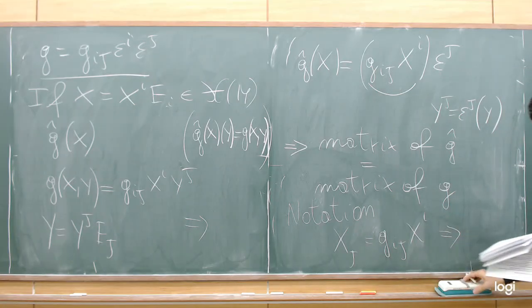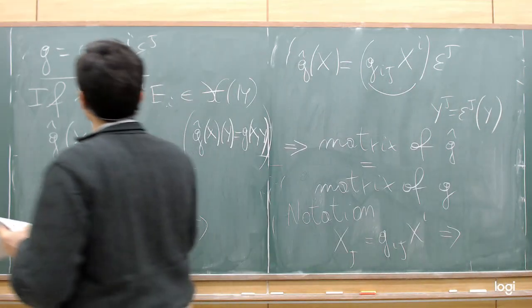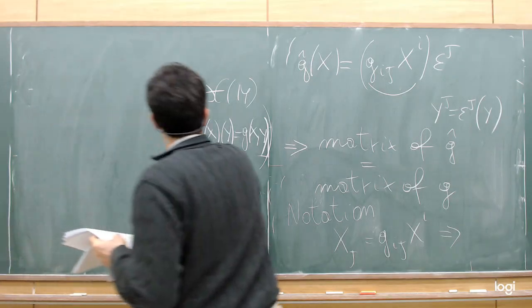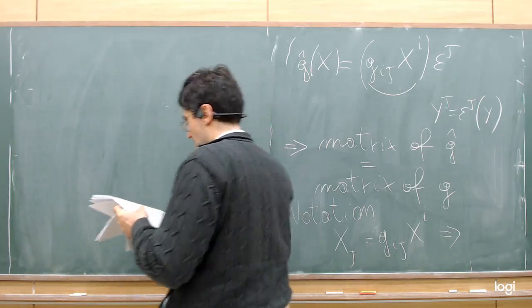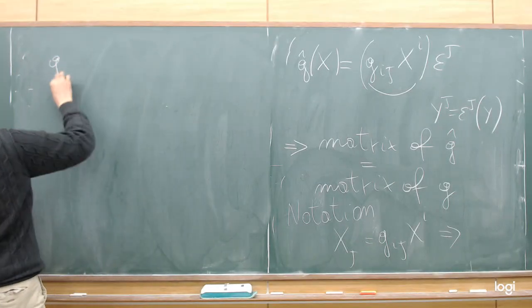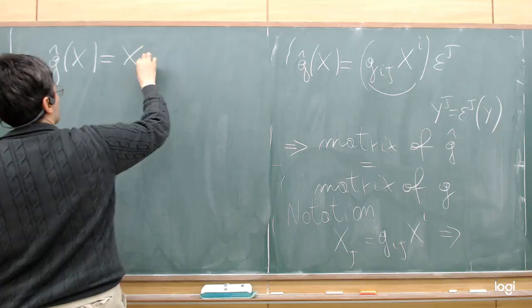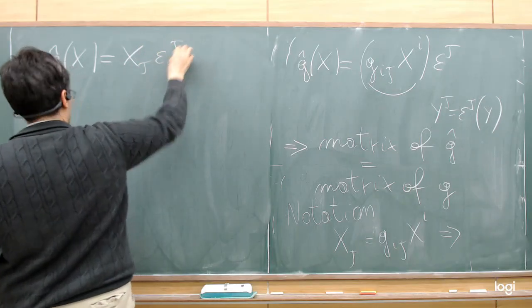This implies that G hat at X can be written as X_j epsilon^j.